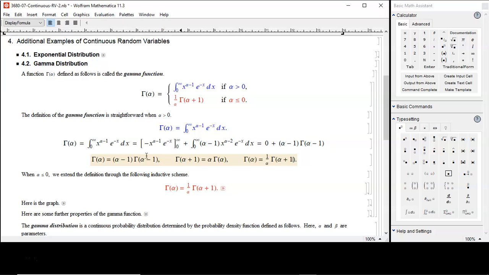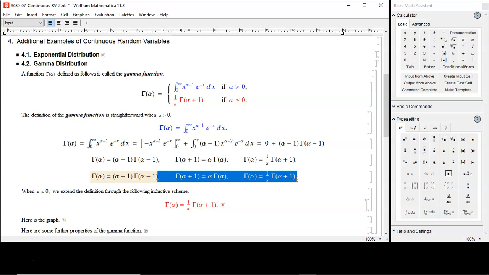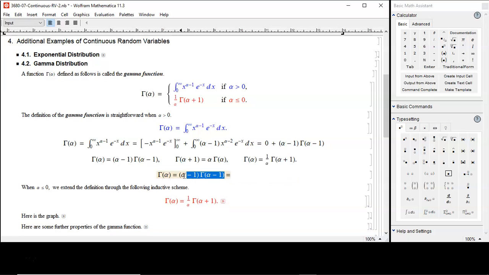Furthermore, we can continue applying this integration by parts or the same recursion one step further. See, this one here can be rewritten like this.